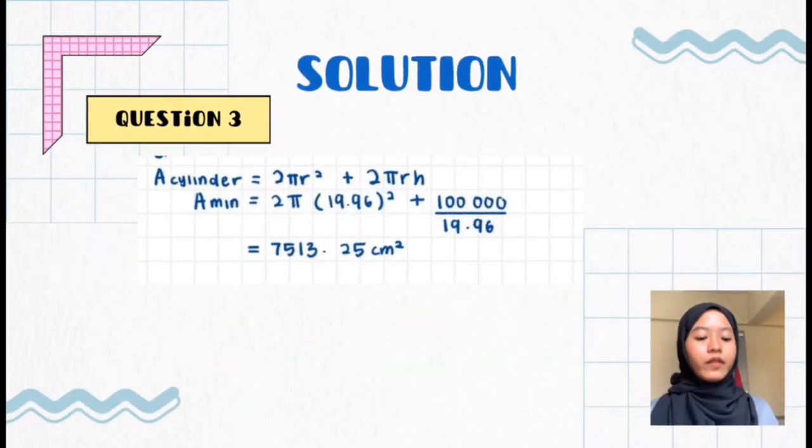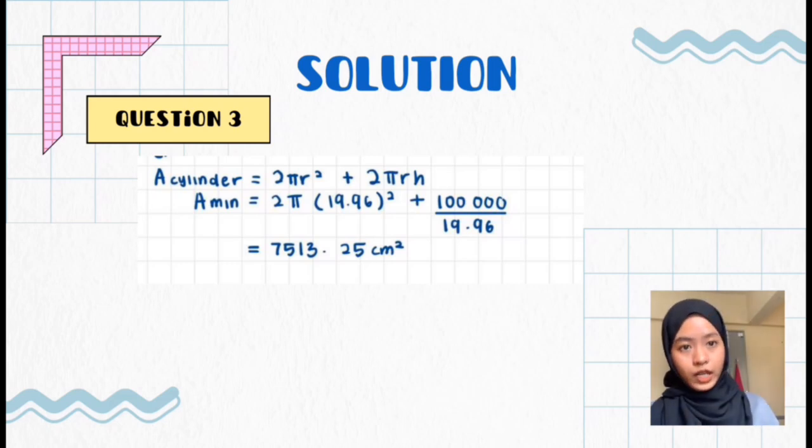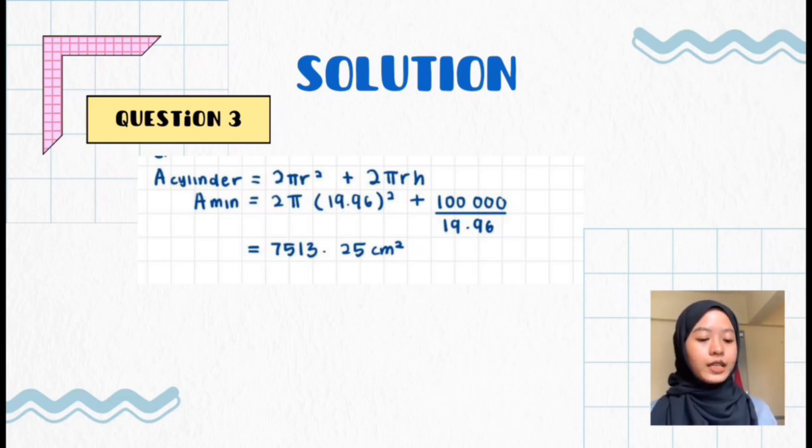Question C. Find the minimum surface area of the water tank. We can use the equation from question A, area of cylinder = 2πr² + 100,000/r. We substitute r, so we get 2π(19.96)² + 100,000/19.96.